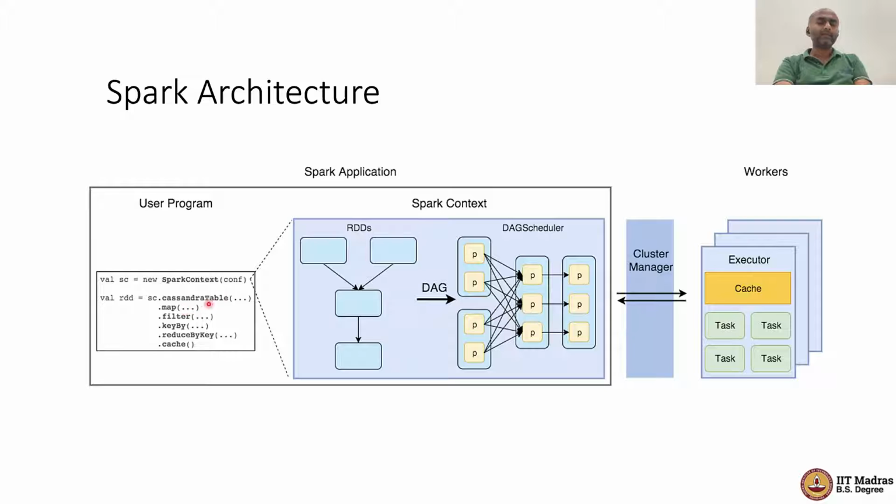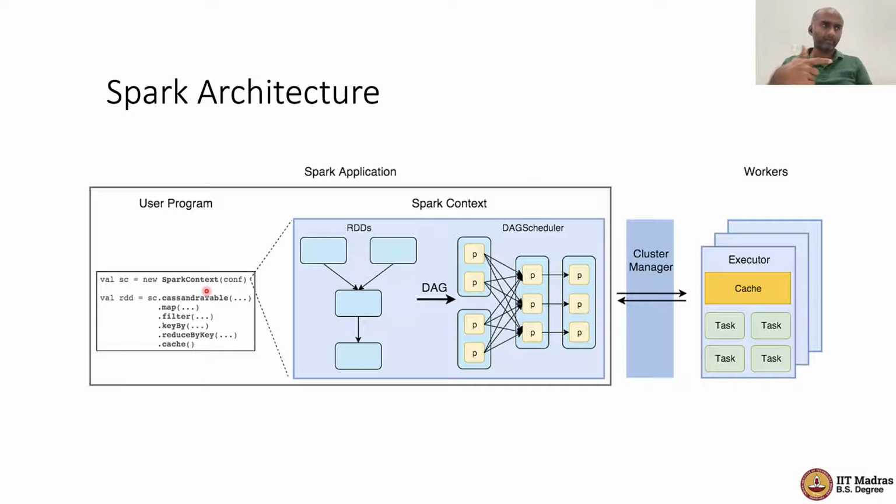So when the context is destroyed, along with it is destroyed all the data that is cached, the intermediate data stores that it has created. So the context determines the life of the data, or how long the data is available. So the Spark application usually is intrinsically tied to the context.